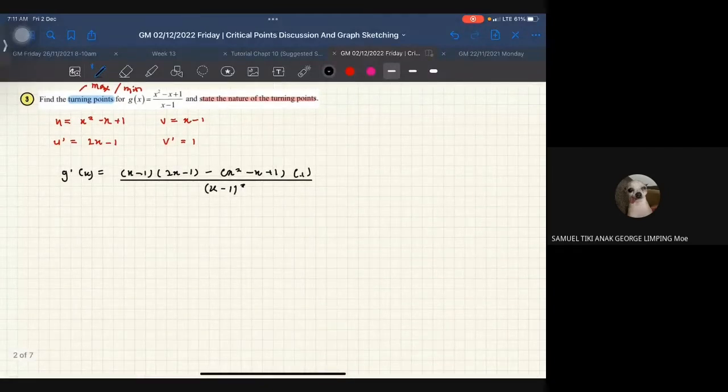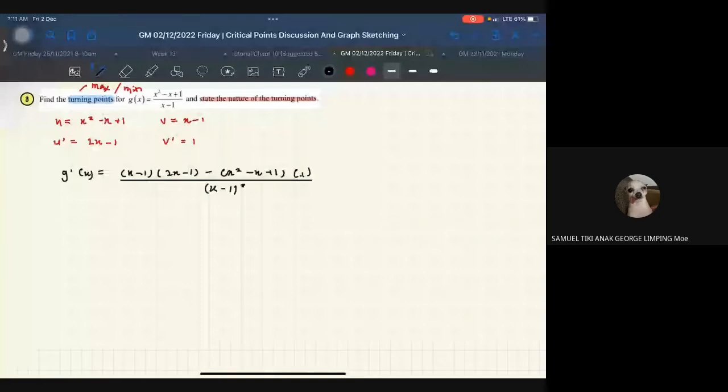So let's simplify the numerator yang kita ada. Okay, so expand saya akan dapat 2x square. Okay, and then I get negative x minus 2x plus 1. Okay, and then yang belah kanan tu kita buka dia negatif. Saya dapat negative x square plus x minus 1.